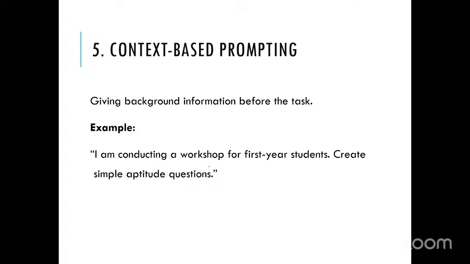So this is the background information and this is the task. Create simple aptitude questions is the task. And before the task, your background information is here: conducting a workshop for first year students. Create simple aptitude questions. Try this prompt. Try this.